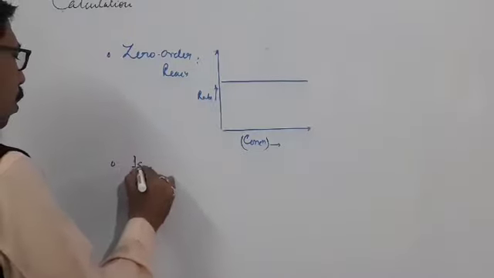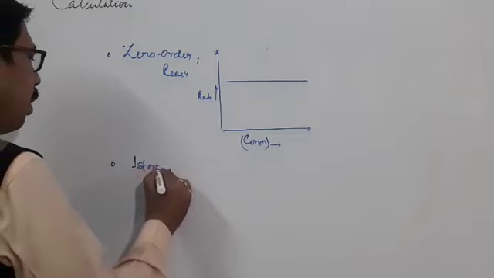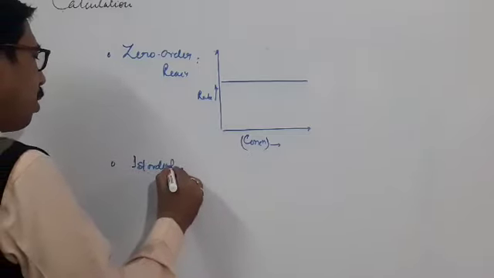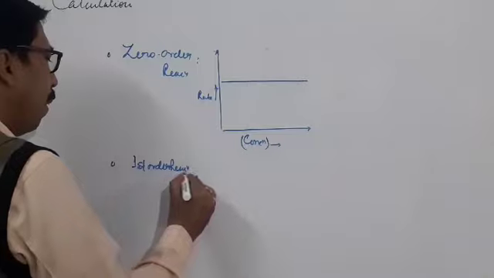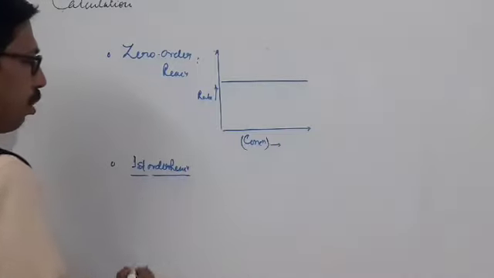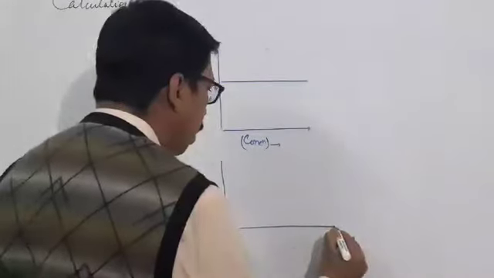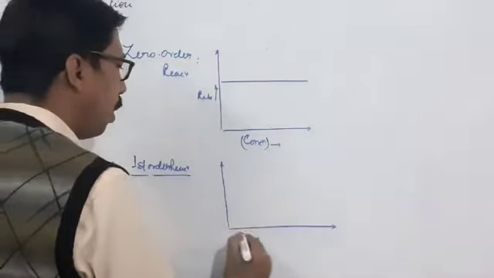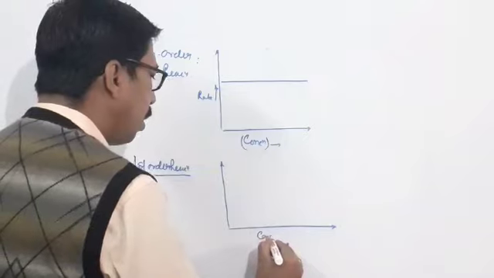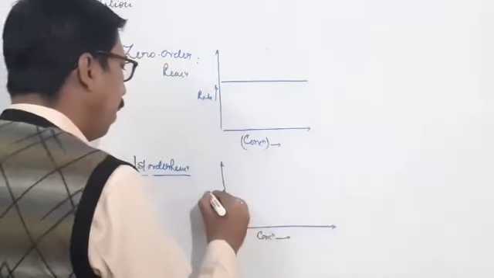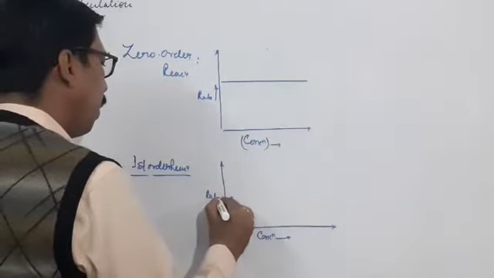Now, first order reaction. If we plot a graph like this, concentration and this is rate.